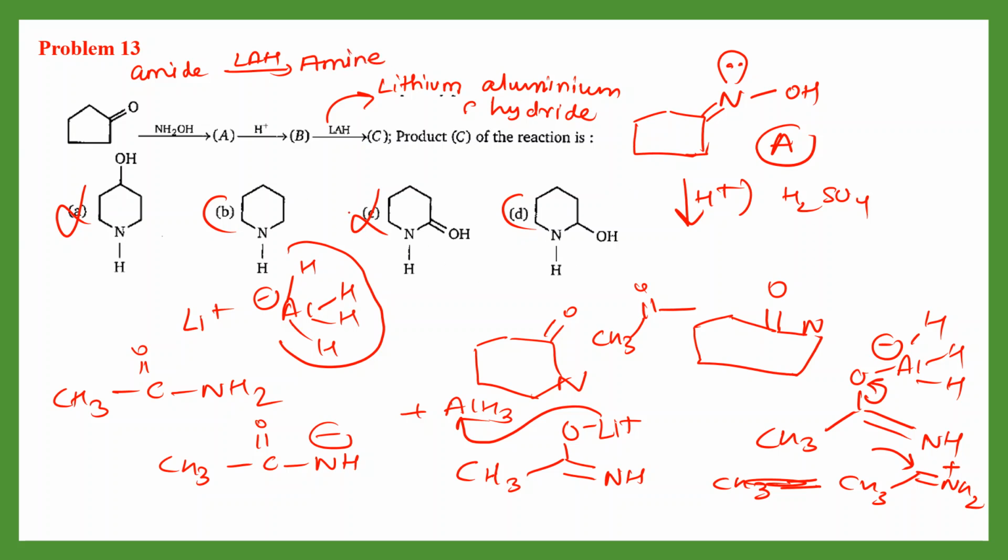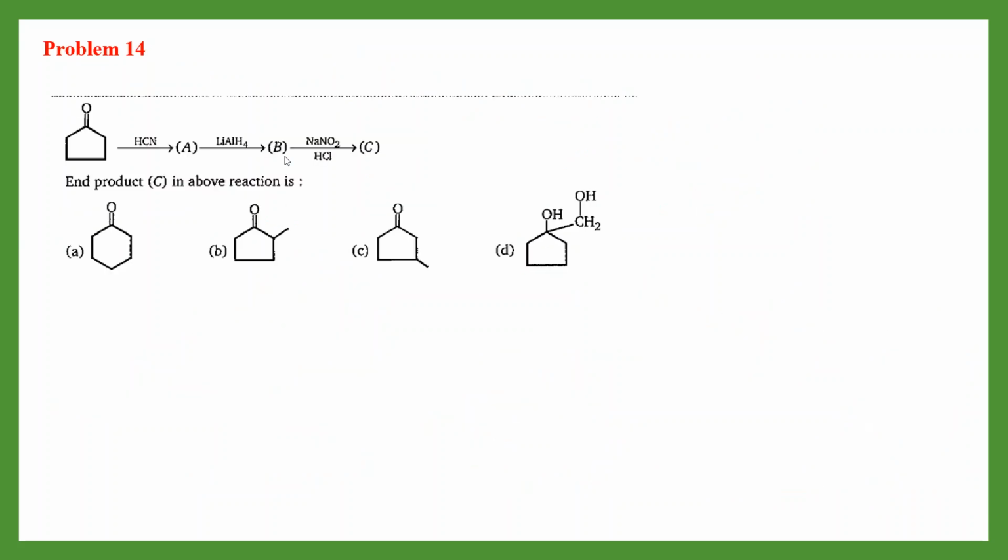Instead of forming that, this one is also possible, but you should know in the amide case the reaction goes like this, and it will form amine. So the most appropriate answer is B. Correct, students? Okay. So give me the answer of problem number 14.